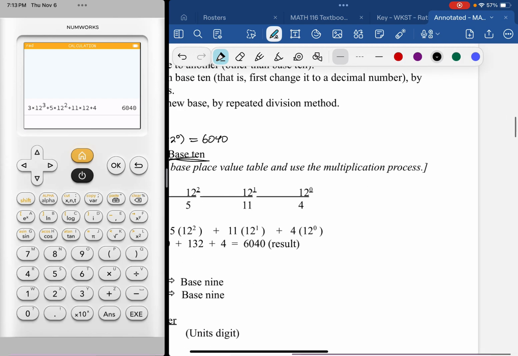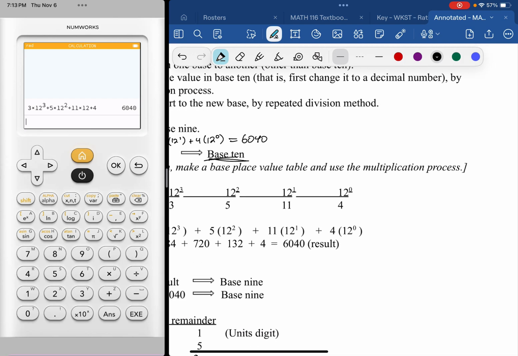So the way we handle that, I'll do it off on the side here. I have my 6,040. I divide that by 9. Remember, there's a bunch of different ways to do it, but this is probably the way people prefer the most. So 6,040 divided by 9 is going to be 671 with some remainder.